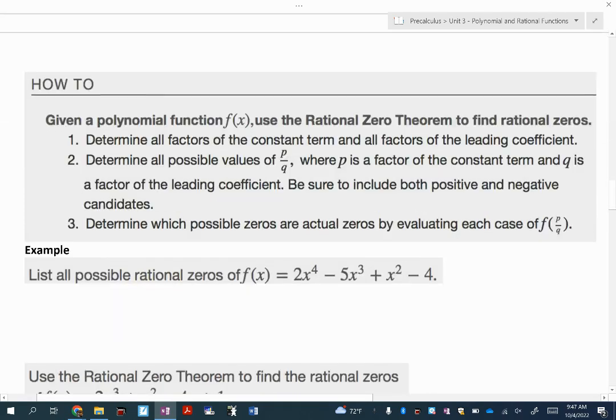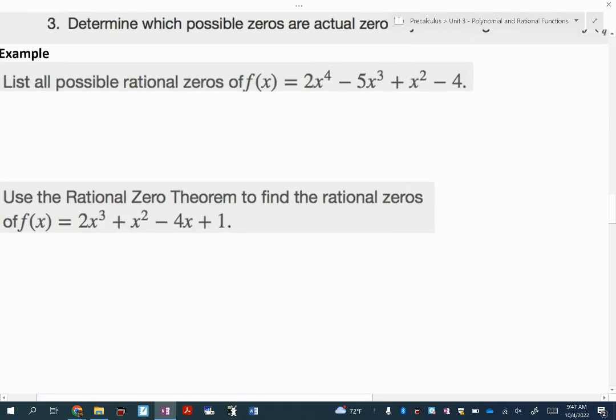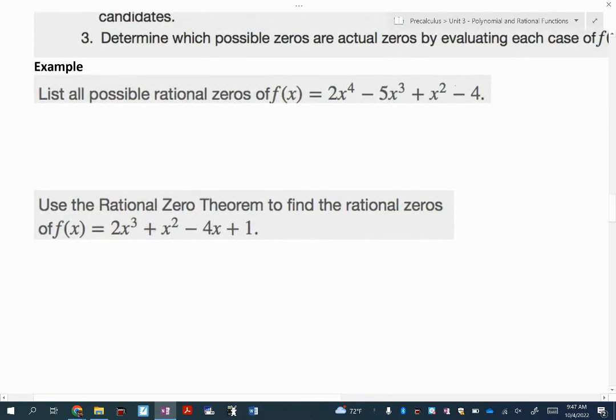So I'll show you in this first example, just listing all those. First I go to the constant, and the fact that it's -4 is not going to matter because we're going to use plus or minus on all of these numbers. So what are factors of 4? I have plus or minus 1, plus or minus 2, and plus or minus 4. Those are all my factors of 4.